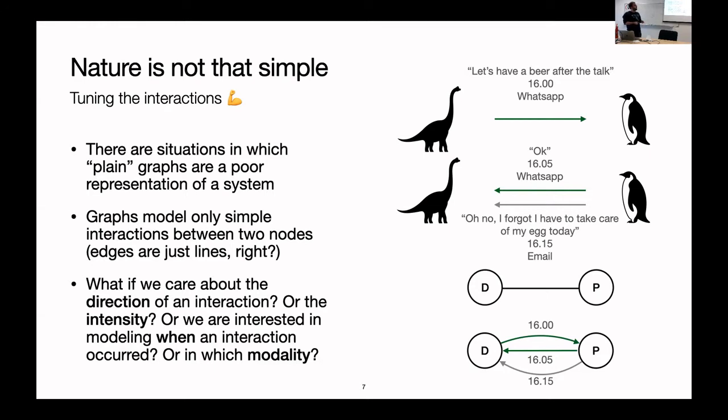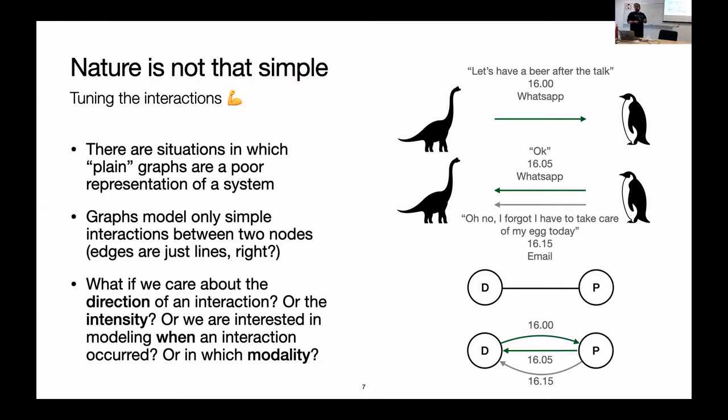And if we try to model this interaction with a graph, we have this not really nice representation in which we have just the dinosaur and the penguin connected together by a line, but we cannot really recover the information in the interaction.